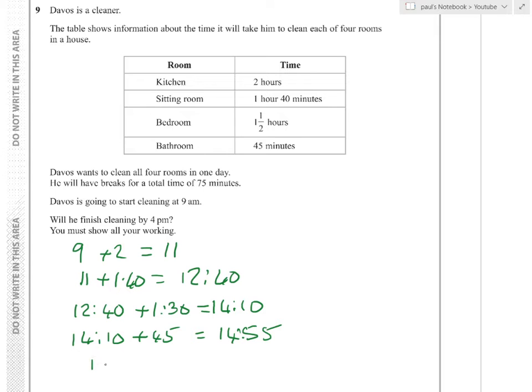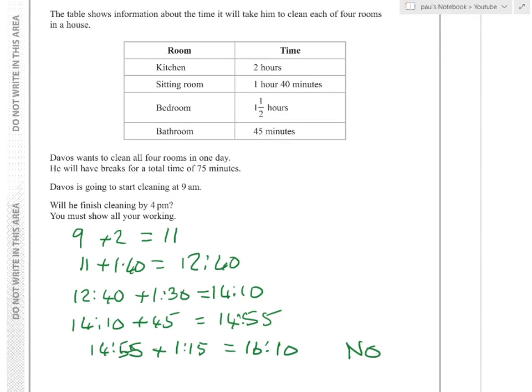And then don't forget the break. 14:55 plus, how long is he going to have a break? 75 minutes. So that's 1 hour and 15, so that's going to be 16:10. So he finishes 16:10. Will he finish cleaning by 4 o'clock? No, 10 minutes out.